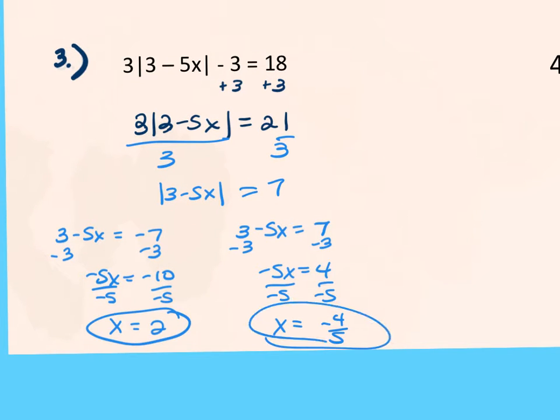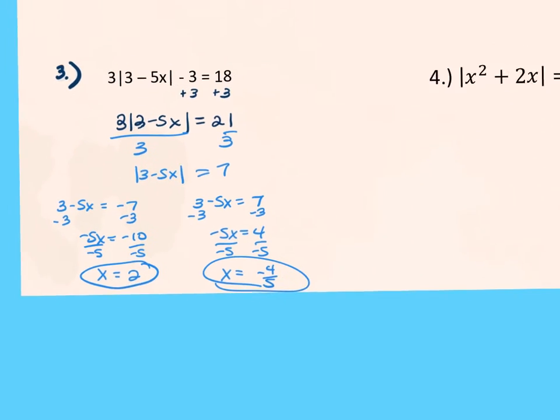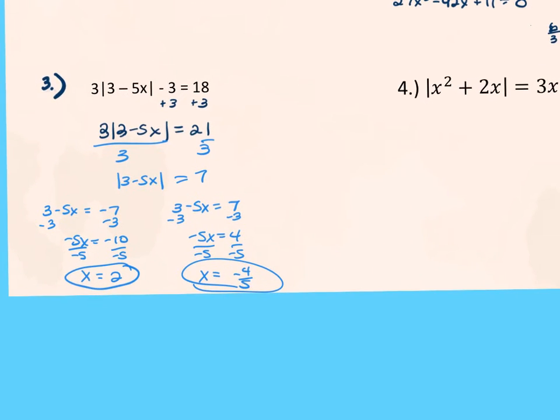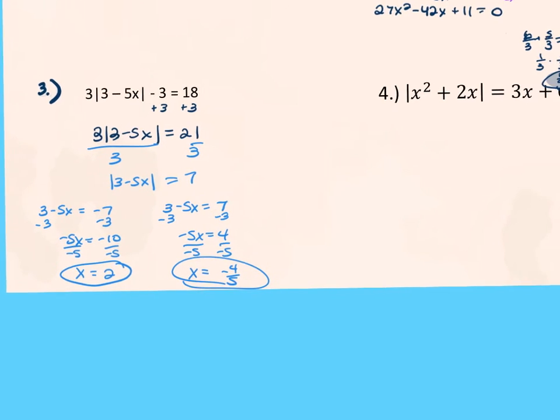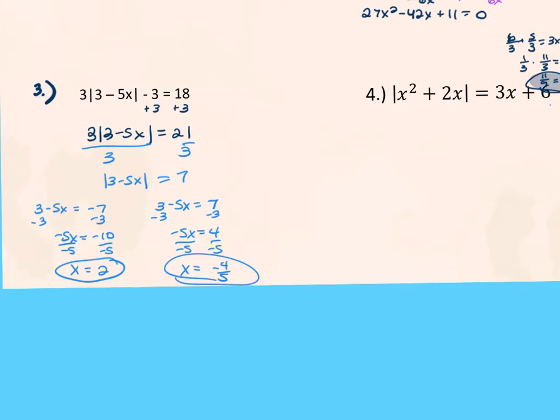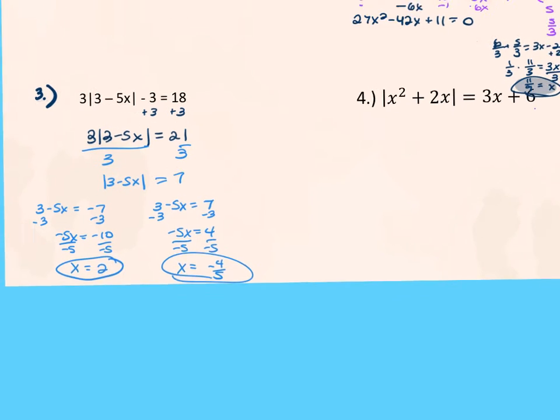Positive 2 and negative 4/5. And then I'm not going to do it now, but plug them back in to check. Okay, we will completely run out of time.